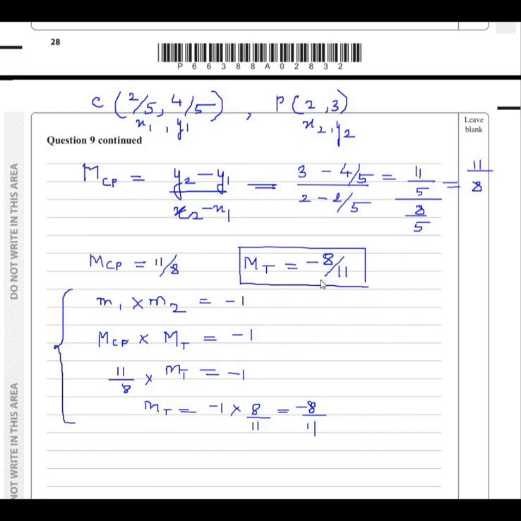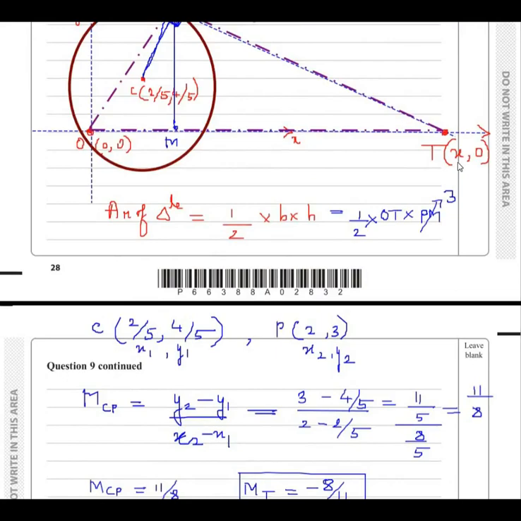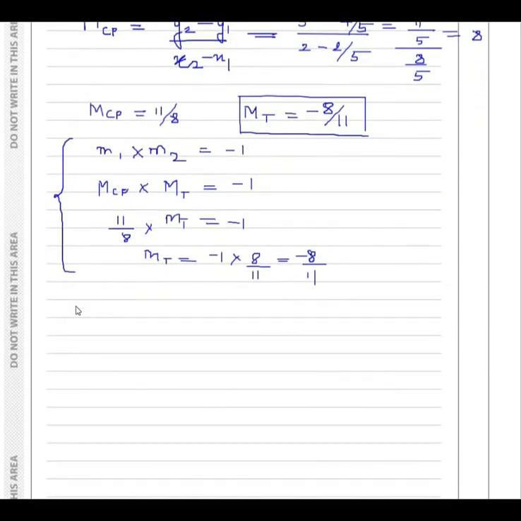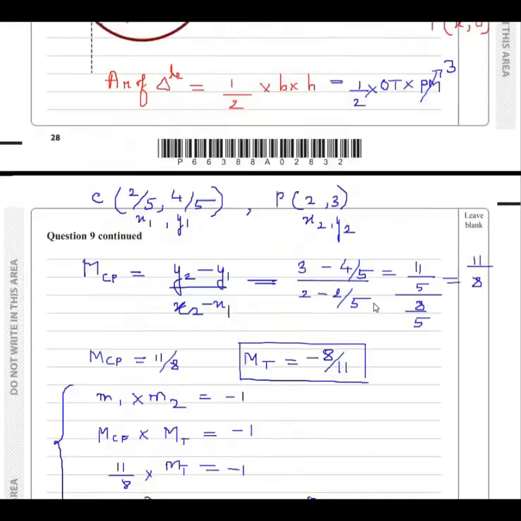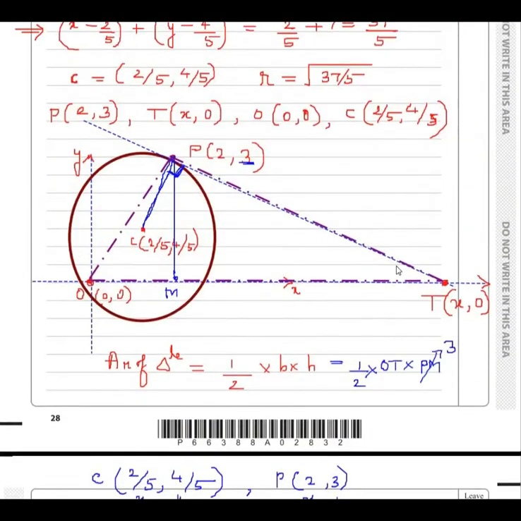Now, we need to find the x coordinate of T. To reach there, we are going to make use of the equation of a straight line, y minus y1 equals m times x minus x1. For this, we are going to consider the line PT.